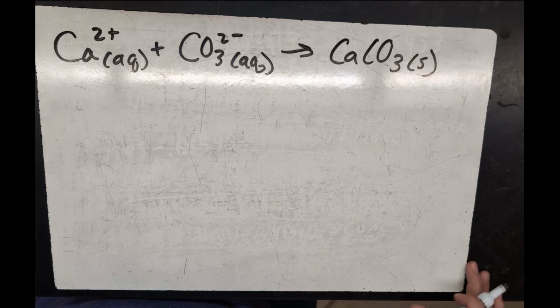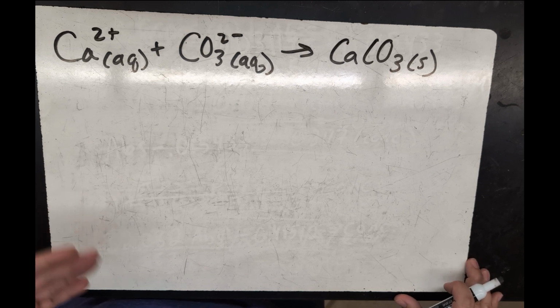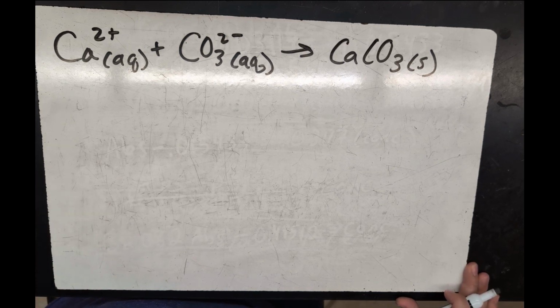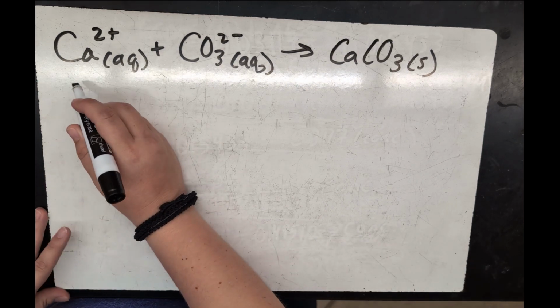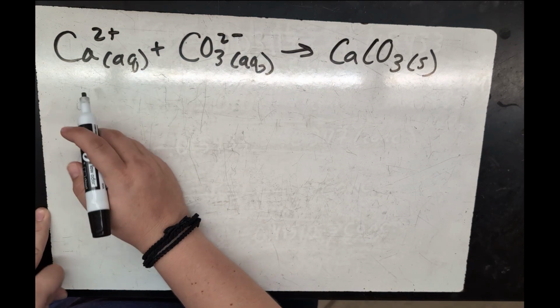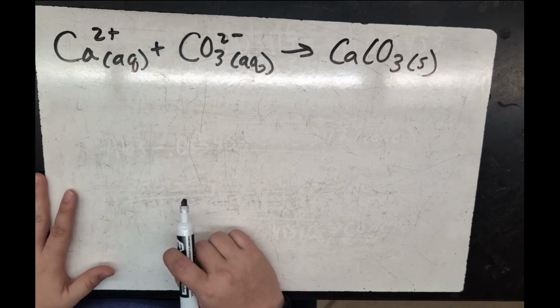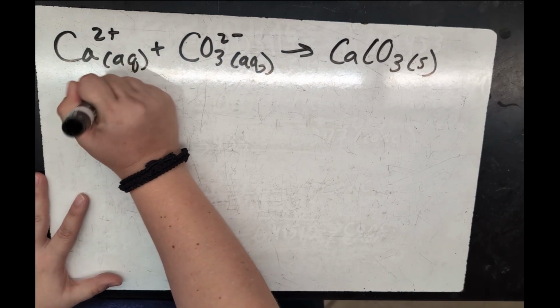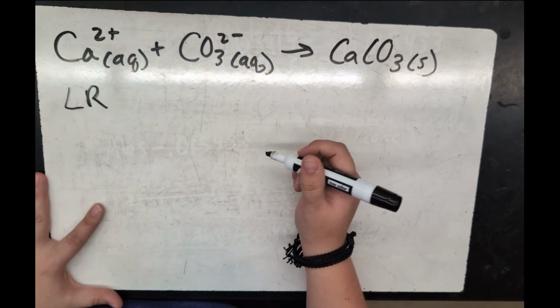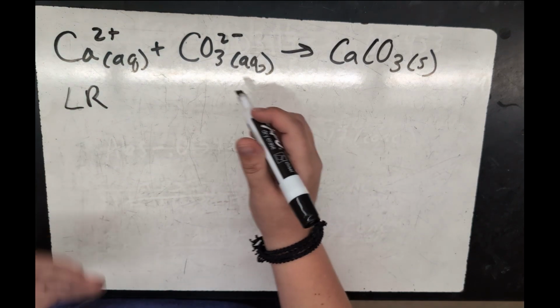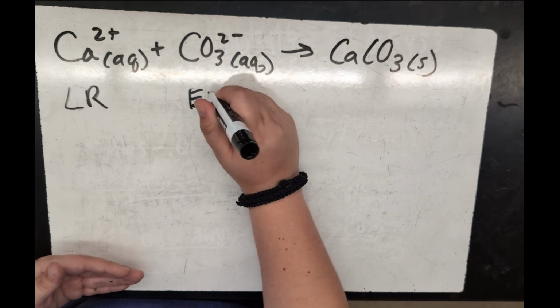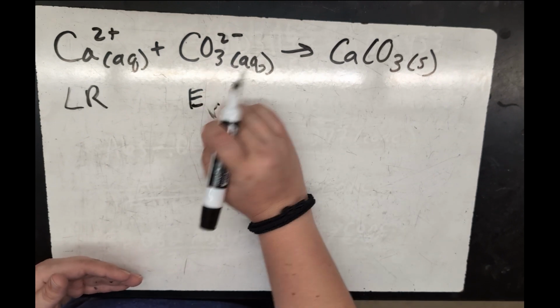So what I will typically do is give each lab group a different concentration of calcium ions. They don't know what the concentration is in advance, but I'll use different amounts of calcium chloride to make those calcium water samples. Then that becomes our limiting reactant, and they want to make sure that they're using an excess of carbonate ions, so an excess reactant.